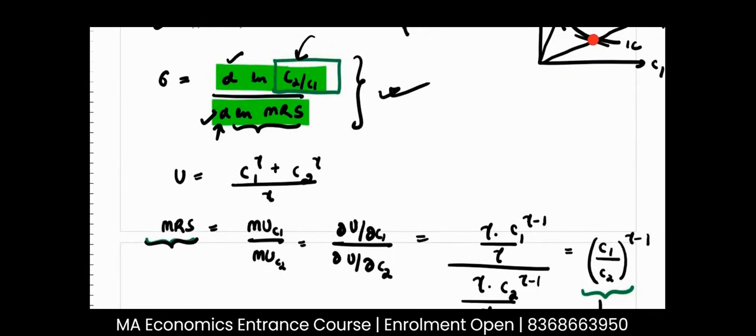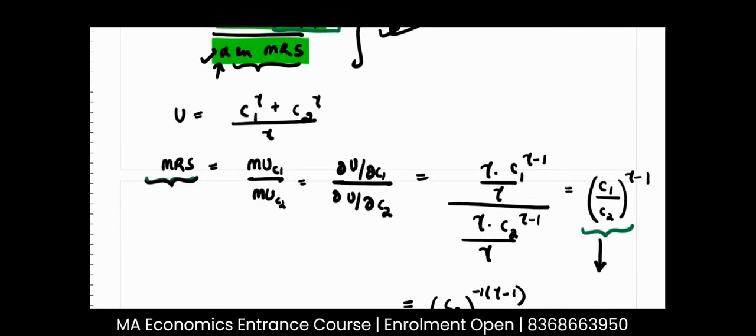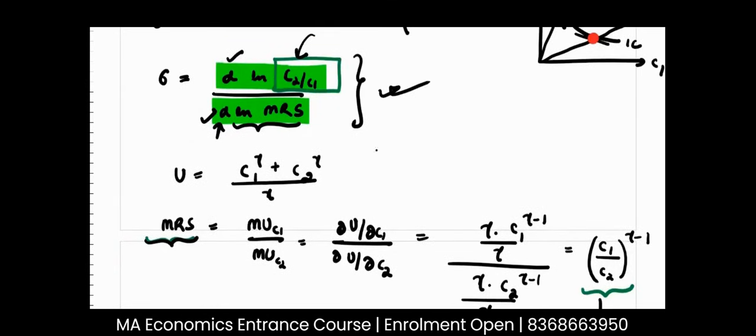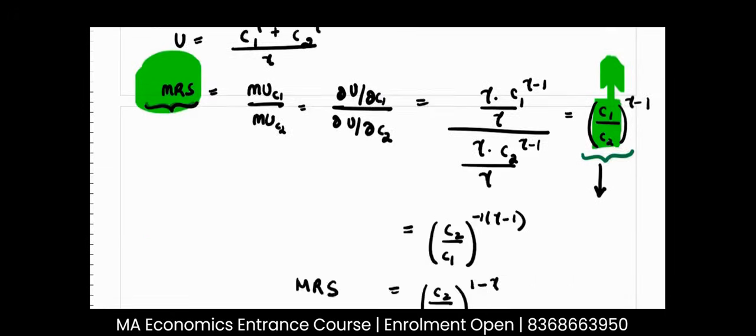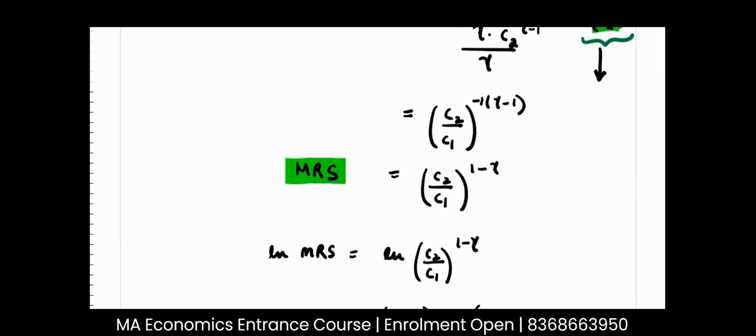No. In most cases, and we know this when it is a homothetic function, MRS will actually be a ratio of C1 and C2. So you will be able to get your numerator only by solving MRS. See, like this, I got MRS as a function of C2 by C1.